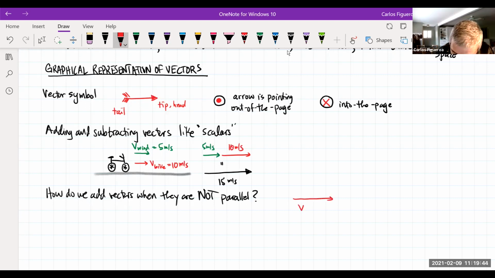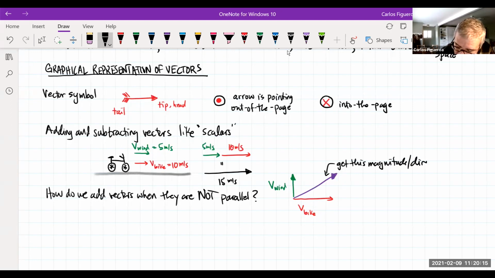Here's your bike, and then all of a sudden you get a crosswind. And if the crosswind is strong enough, you're not going to go straight. You're going to veer off at some angle like this. So the question is, how do you get this magnitude and direction in this case?